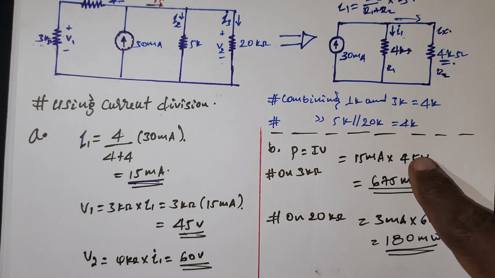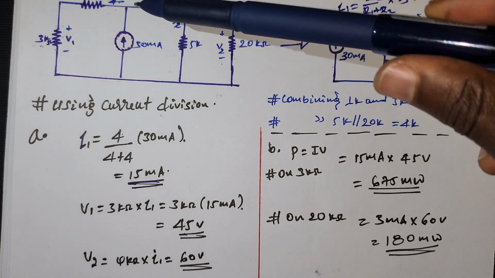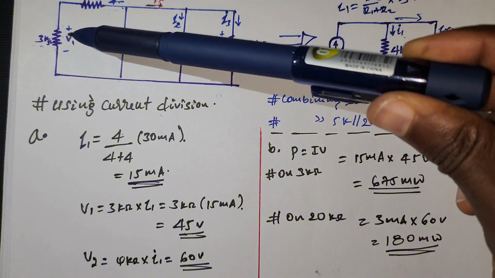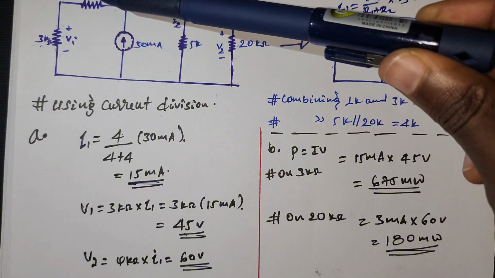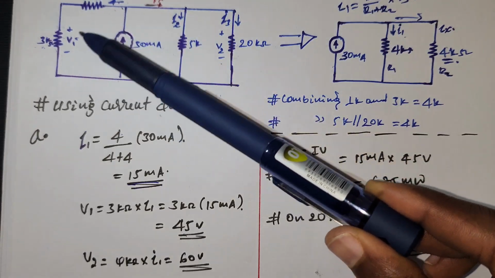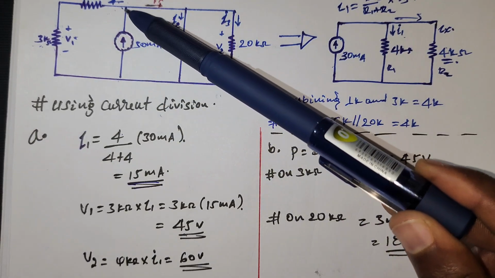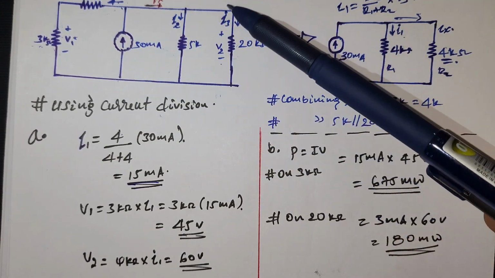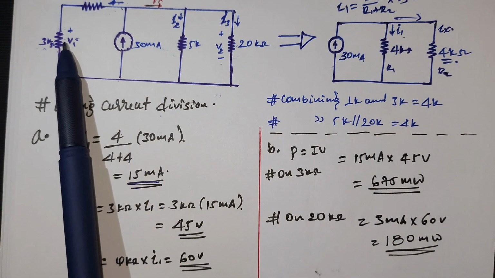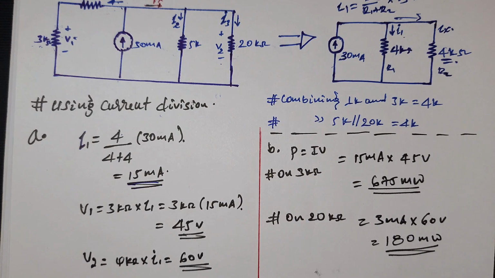The voltage across these two nodes is the summation of the voltage V1 and the voltage on this branch. The summation of these two is equal to the voltage across this one and this one, because all four are in parallel.